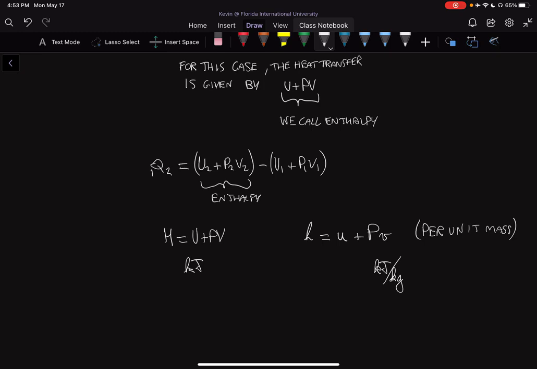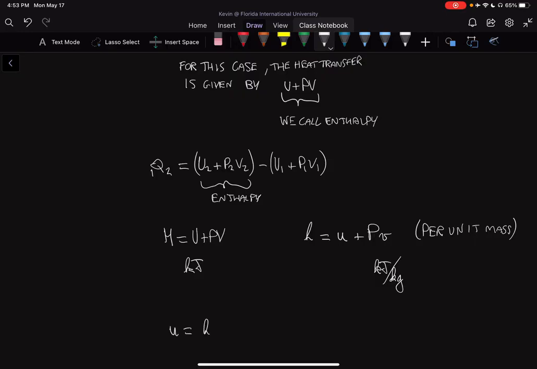Now, in many cases, and this is just a discussion, we don't really need to know this, but in many cases, internal energy is not listed in thermodynamic tables. So in our tables, they are listed, but in many cases, they are not. And enthalpy is used to back calculate U is equal to H minus PV.